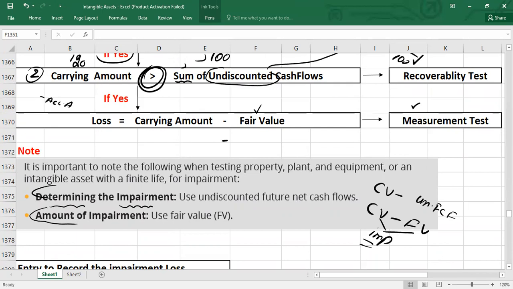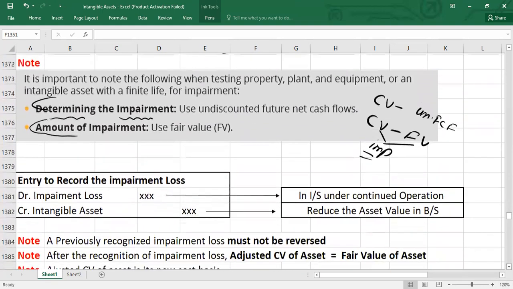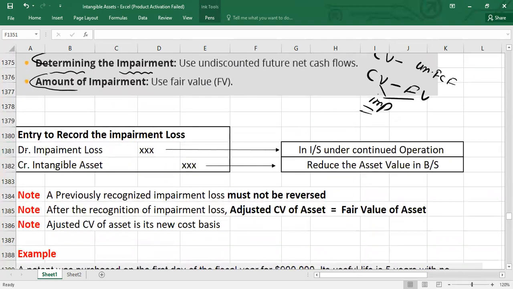And we will practice here. Let me tell you what the entry will be. To record the impairment loss, we debit the impairment loss and credit the intangible assets directly. Or if you want to maintain an accumulated impairment loss account, that's okay. But under GAAP, the entry is written: debit impairment loss, credit intangible assets.